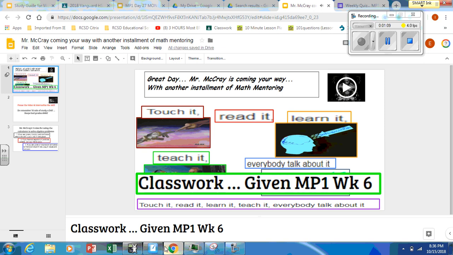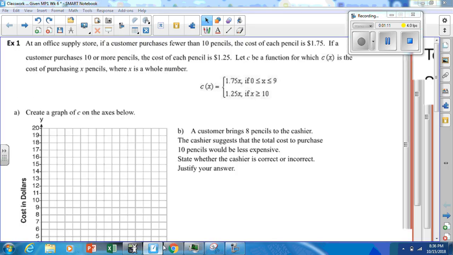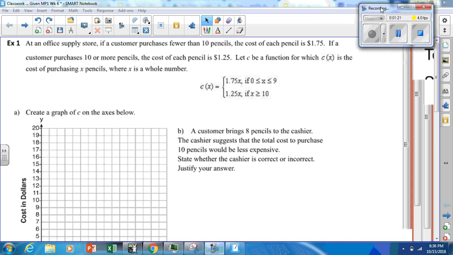All right. So take a look at the classwork we did in week 6. Please read silently as I read aloud. At an office supply store, if a customer purchased fewer than 10 pencils, the cost of the pencils is $1.75.